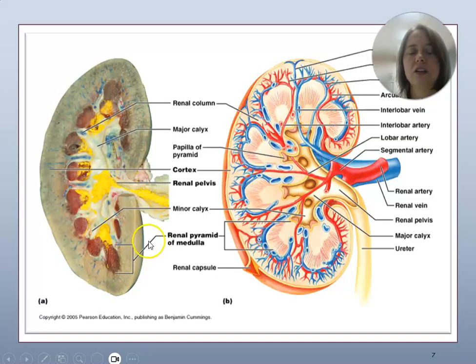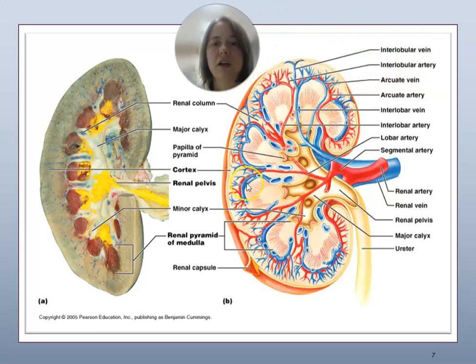So let's take a look at some things. We have a picture of a kidney here, cut lengthwise, and we see we have blood coming in the renal artery, and then it goes into smaller, and we have capillaries here, and this middle inside part is the renal medulla, and this very outside part is the renal cortex.